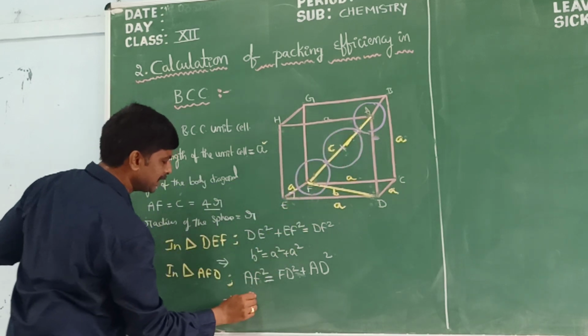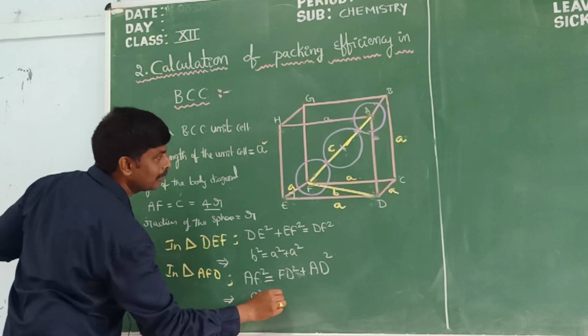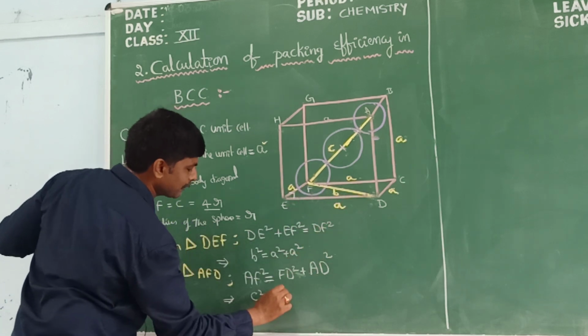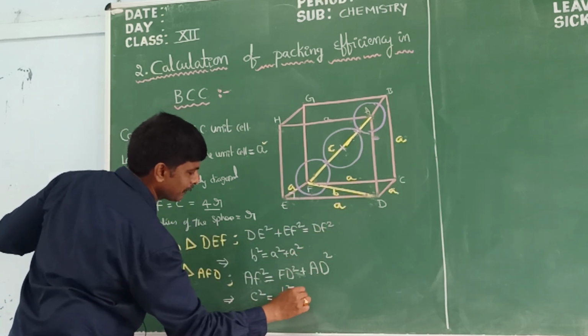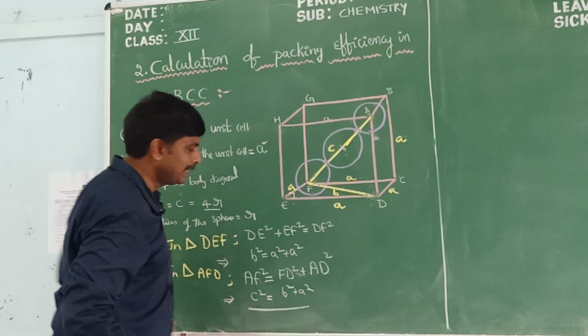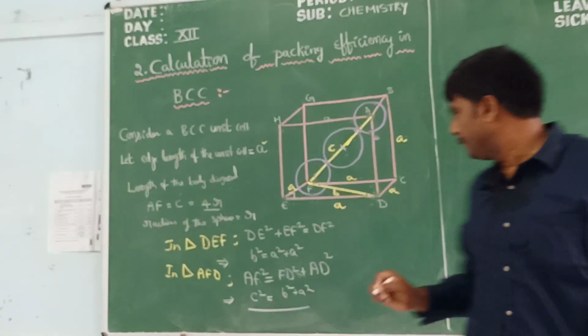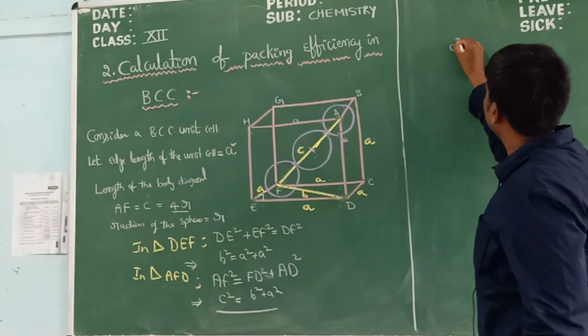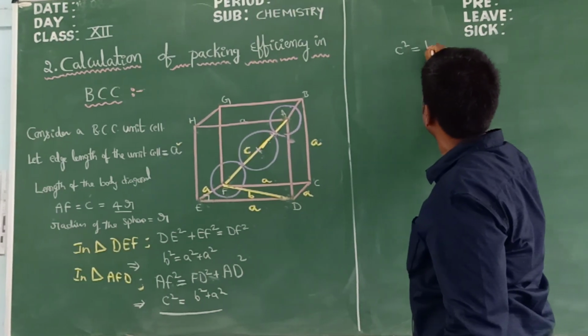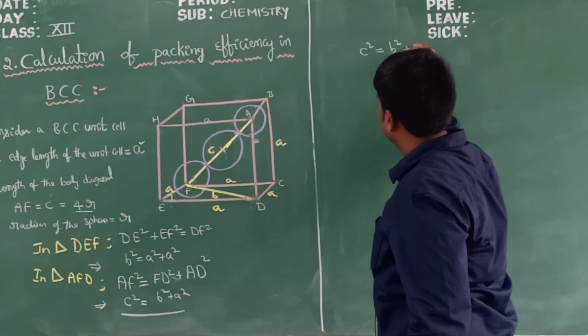AF square is C square. C square is equal to FD square, which is B square, plus A square. So C square is equal to B square plus A square.